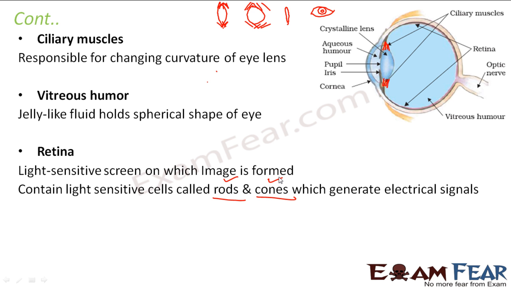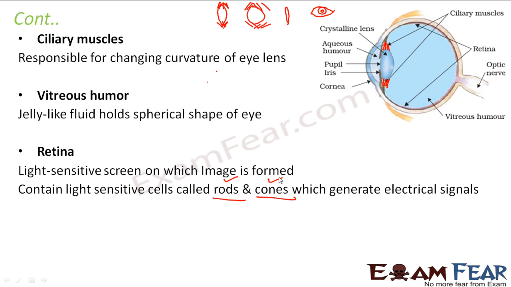Now what kind of image is formed by this lens which you see here? This lens forms a real and inverted image. But do you think that whatever we see before us, we see it inverted? We do not see it inverted, right? We see it erect. So how does the inverted image get converted into an erect image? That happens because of these rods and cones.